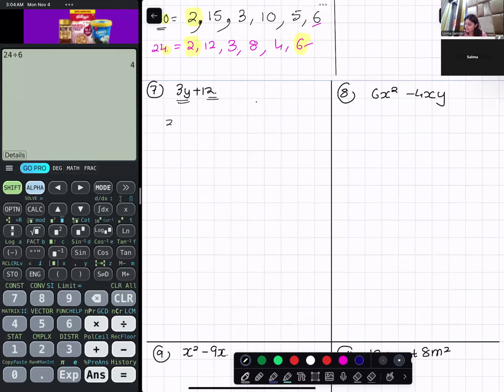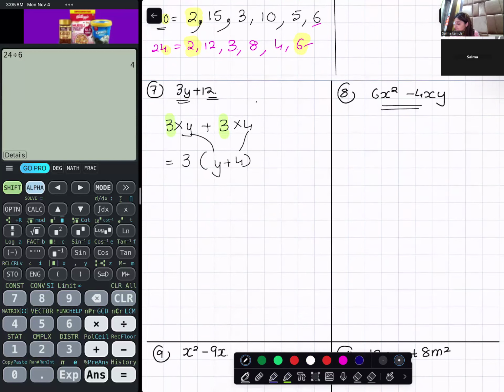Factorize 3y, 3 into y, 12, 3 into 4. Identify the common factor. Whatever is common, I will write outside. Whatever is remaining, I will write inside the bracket. So y plus 4 is remaining.